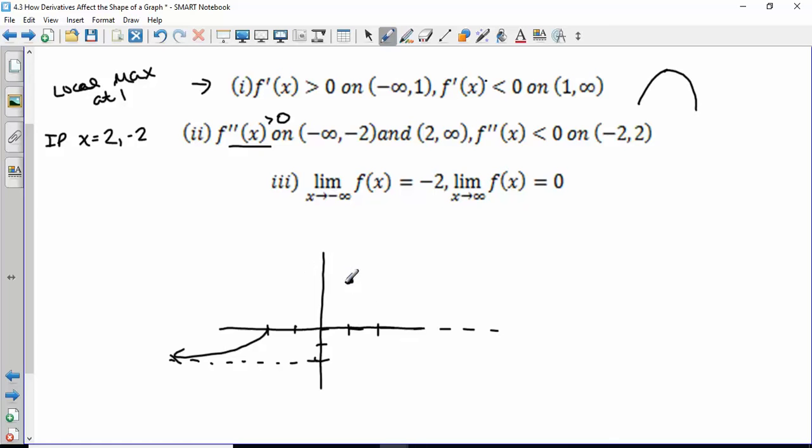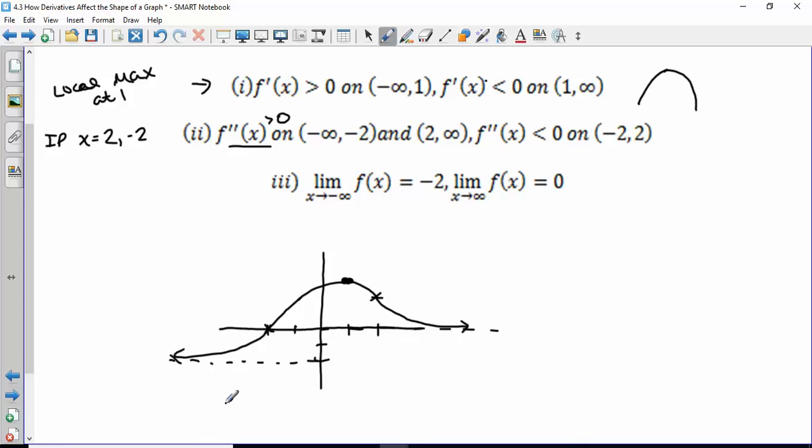Okay, I know this is a maximum. So something like this. And I'm going to stay concave down until I get to positive 2. And then at positive 2, we have a very slight change to concave up again. And it's approaching that asymptote.